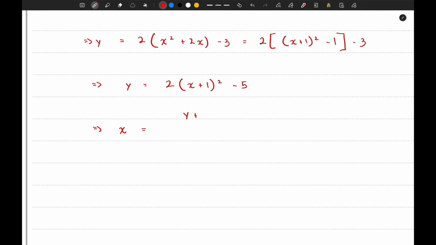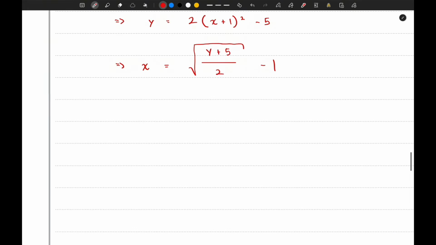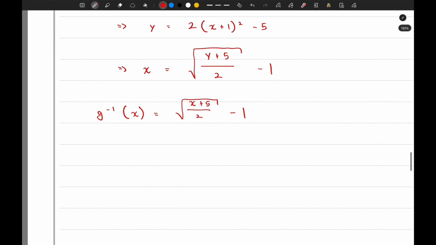So that's the square root of (y + 5)/2, minus 1. So I can say that the g inverse function is the square root of (x + 5)/2, minus 1.